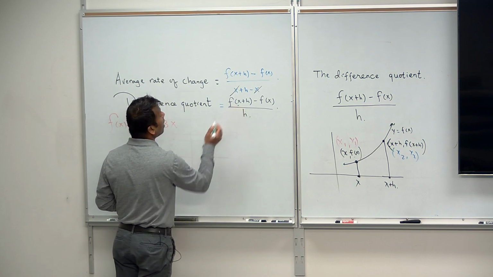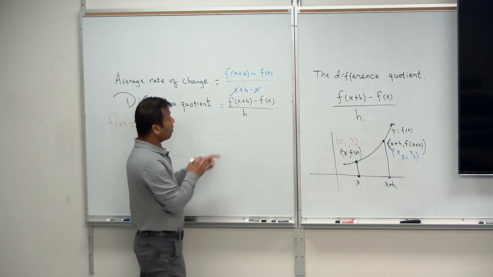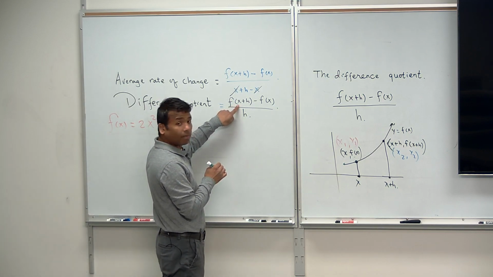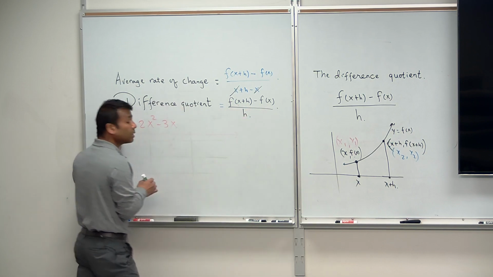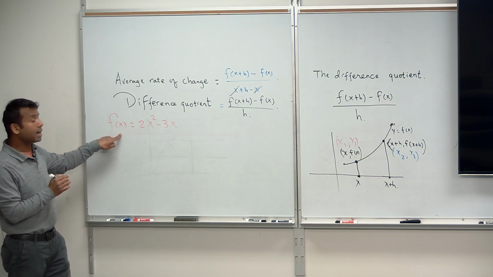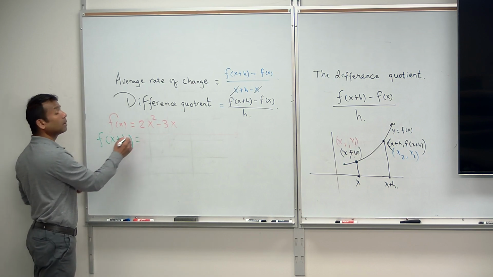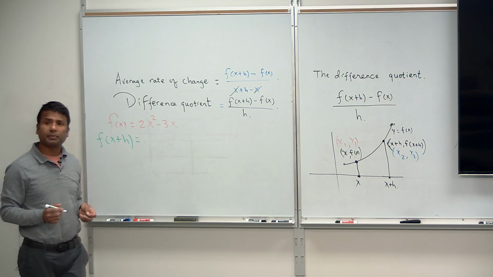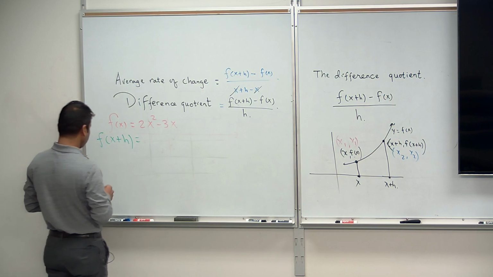You need the value of f of x plus h. You already have f(x), which is 2x squared minus 3x. So now tell me, how do you find f of x plus h?